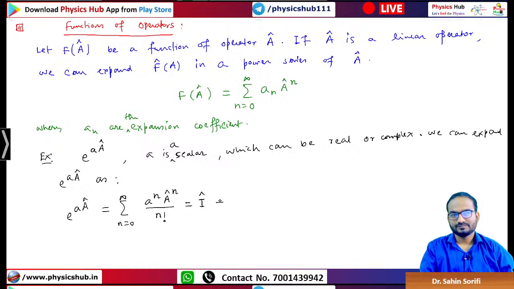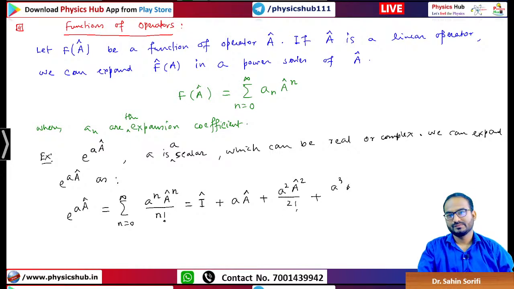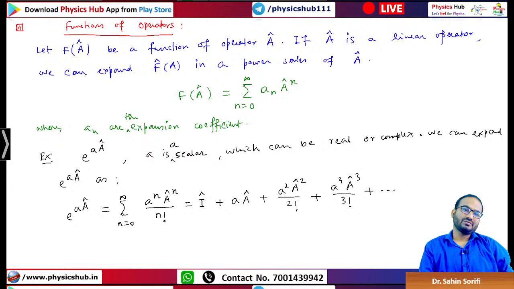Plus x, so aA, plus x square, a square A square by 2 factorial. What will be the next term? A cube A cube by 3 factorial, and it will go on. So this is how you represent functions of operators.